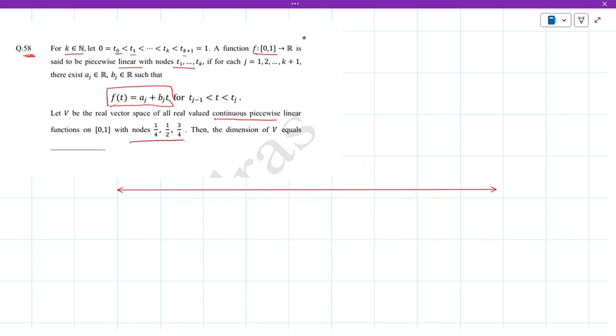So suppose this is 0, and this is 1. How many points do we have? 1 by 4, 1 by 2, 3 by 4. Okay, so this point is called 1 by 4. This point is called 1 by 2. This point is called 3 by 4, right?